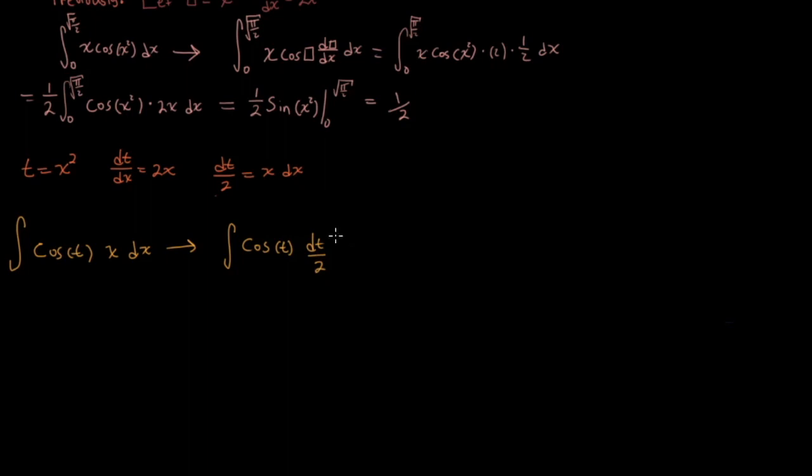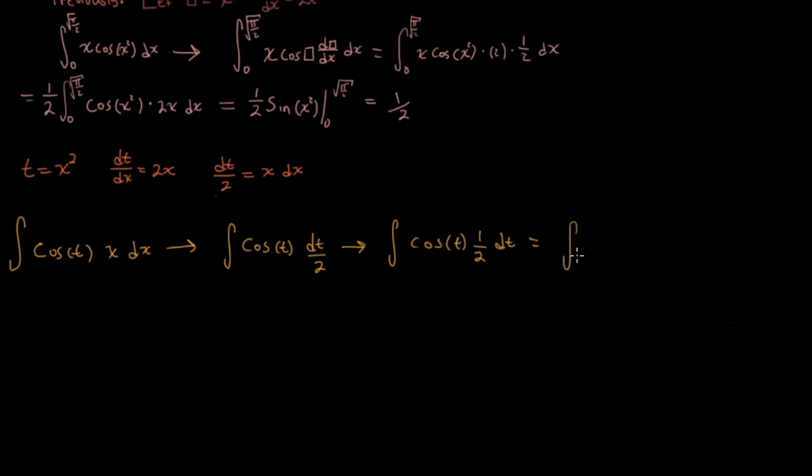From this point on, another way we can write this is this way. So we have cos t times 1 over 2 dt. And then we can take this 1 over 2 outside of the integrand, and then it'll look like this.